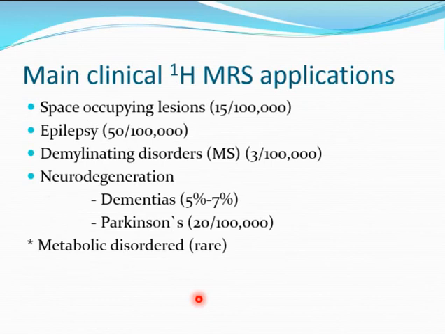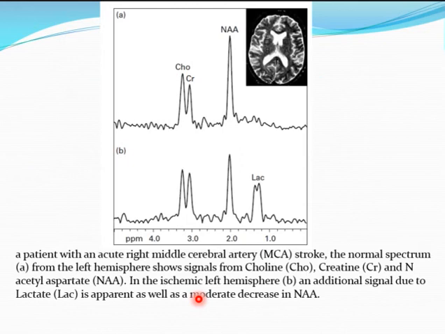What is it used for mainly? It's used for space-occupying lesions, epilepsy, demyelinating disorders, neurodegeneration like dementia and Parkinson, and metabolic disorders, which are in general rare. So, for example, you see here a patient with acute right middle cerebral artery stroke. There is a normal spectrum, A, and B is abnormal spectrum.